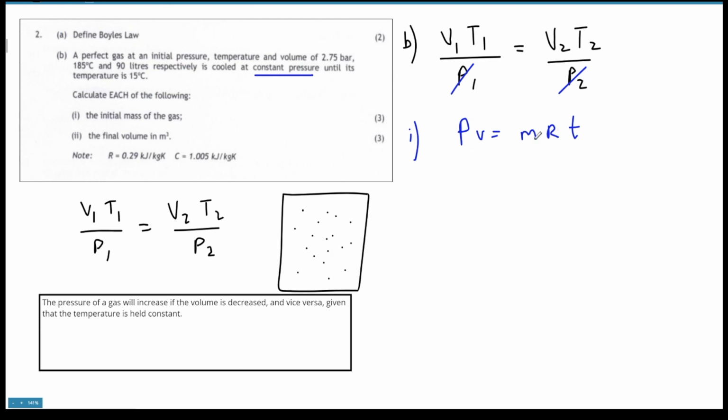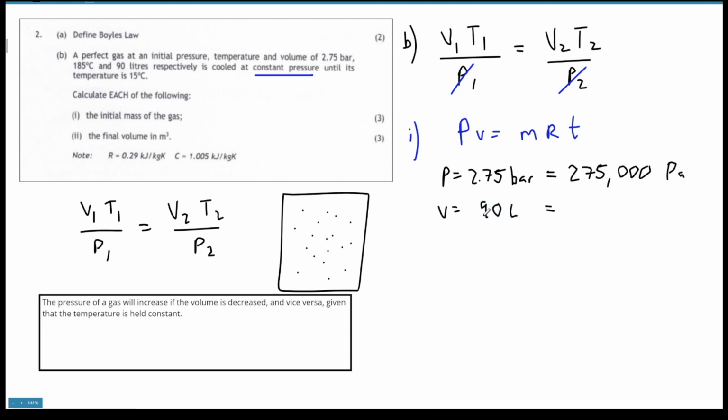So I can list out all of my components here for the initial part. The pressure is 2.75 bar. We can't use it in bar. We have to convert it into pascals, and we have to times it by 100,000 to do that. So this is going to be 275,000 pascals. The volume is given to us as 90 liters.